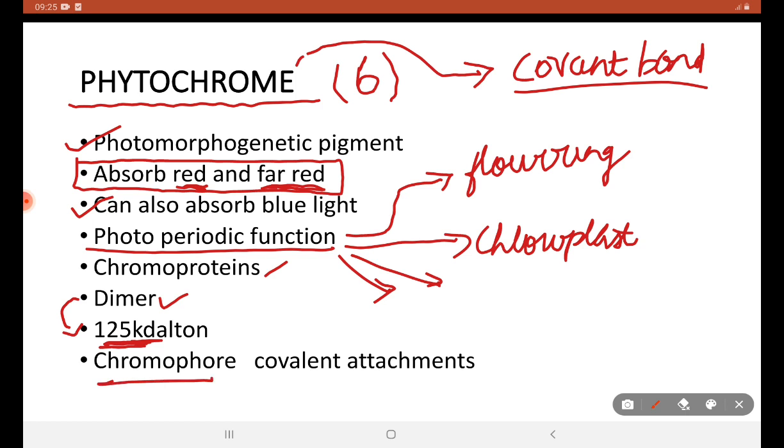Chromophore has covalent attachment. This is the introduction about what is chromophore, what is the nature of chromophore, and what are the components of chromophore.